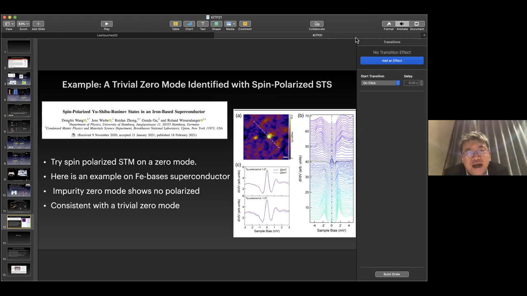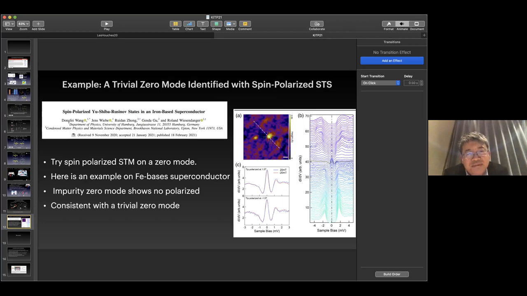We identified two types of bound state. One is the U-Shiba state, and some U-Shiba states will stay at zero. And of course, if you use a spin polarized tip to look at those U-Shiba states, you will not see a spin polarization.